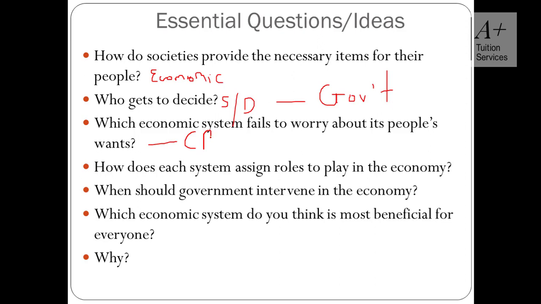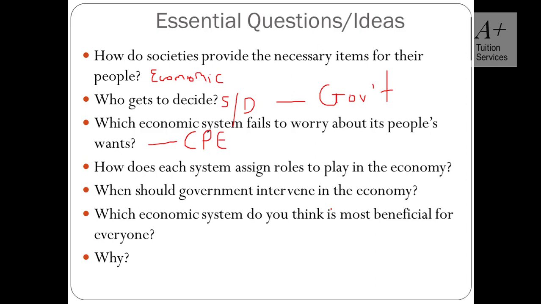The centrally planned economy, and we label it CPE for short. How does each system assign roles to play in the economy? In the centrally planned economy, the government will assign the roles. In the free market economy, the forces of demand and supply will determine the roles. And in a mixed economy, we have both forces coming into control to assign roles to play in the economy.